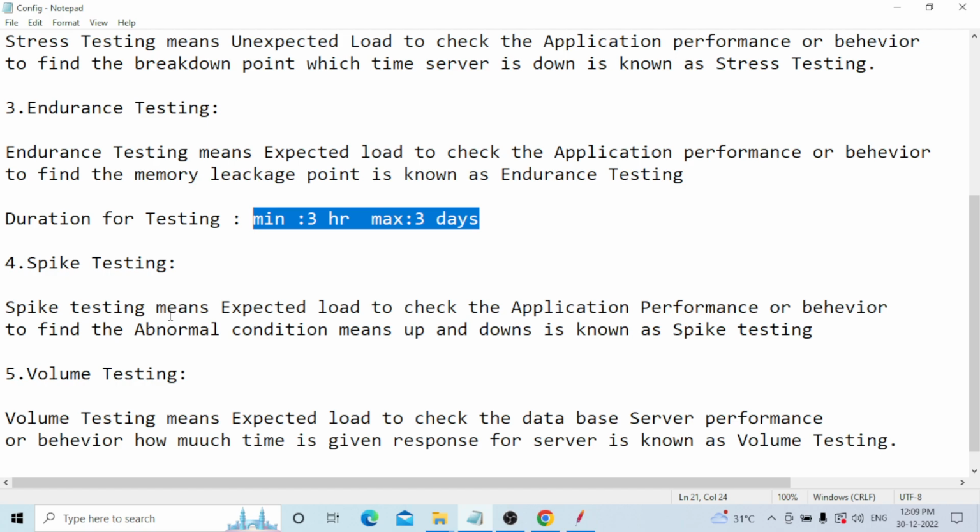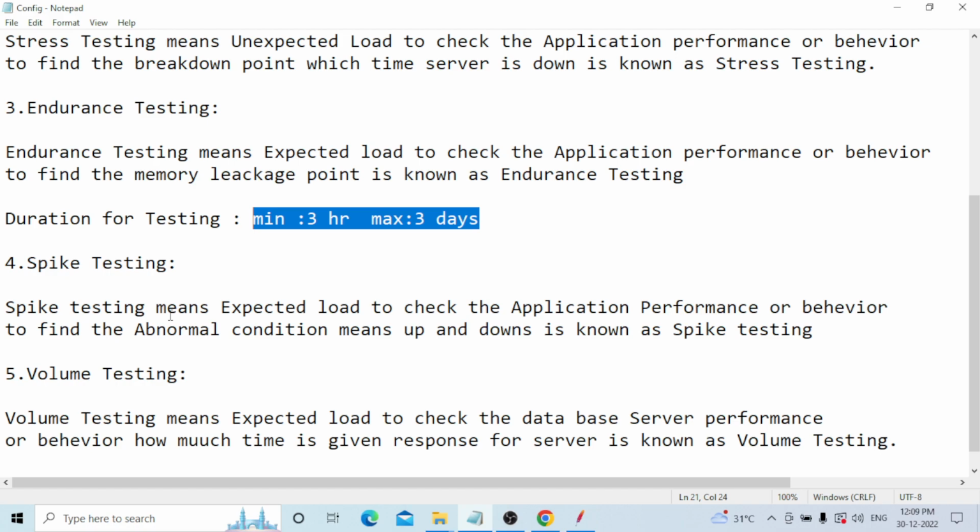You run only the expected load on the server, but it does not behave as normal. Whenever it behaves abnormally, with ups and downs, you will find out exactly what happens at that specific time.